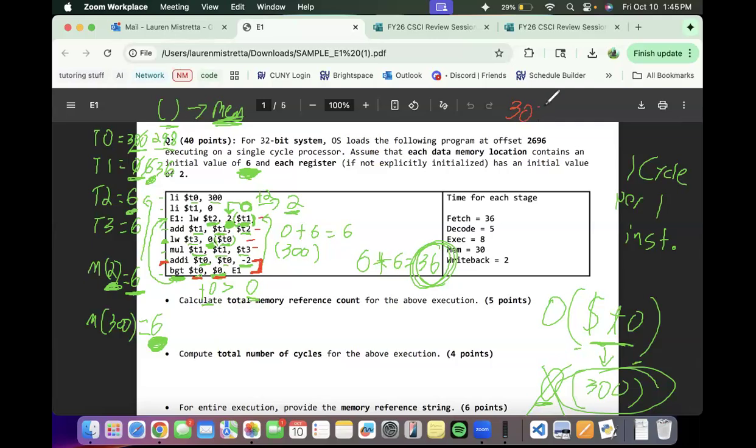Well, 300 divided by 2 is 150, meaning that this is going to be looping 150 times until we finally get to 0. Once T0 is 0, it's no longer greater than 0. So at that point, I'm not going to branch and I'm ending because this is the last instruction.